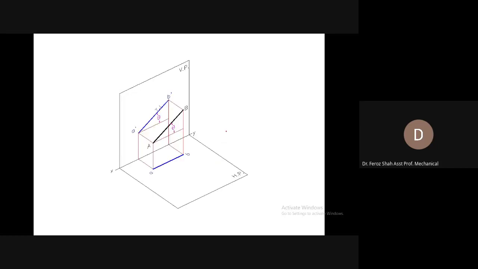You can see that as the front view, in this case, is true length, equal to the length of the line itself, it must appear with an angle theta with the XY reference line.